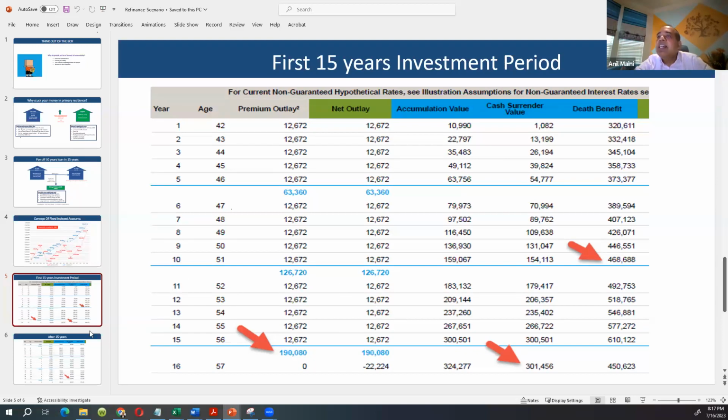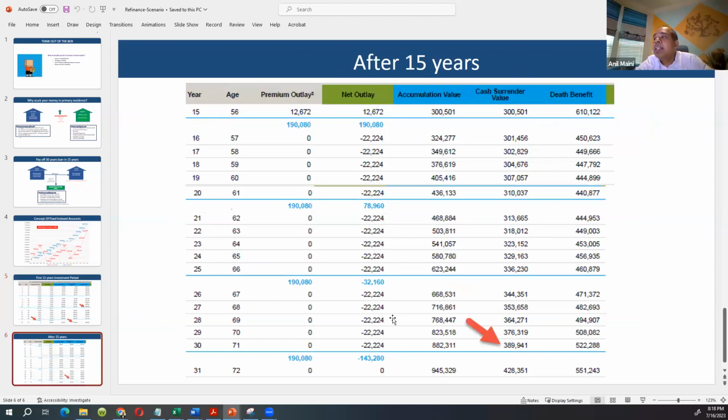And then he understood the benefits of IUL. So in the later years, his monthly mortgage was around $2,200.